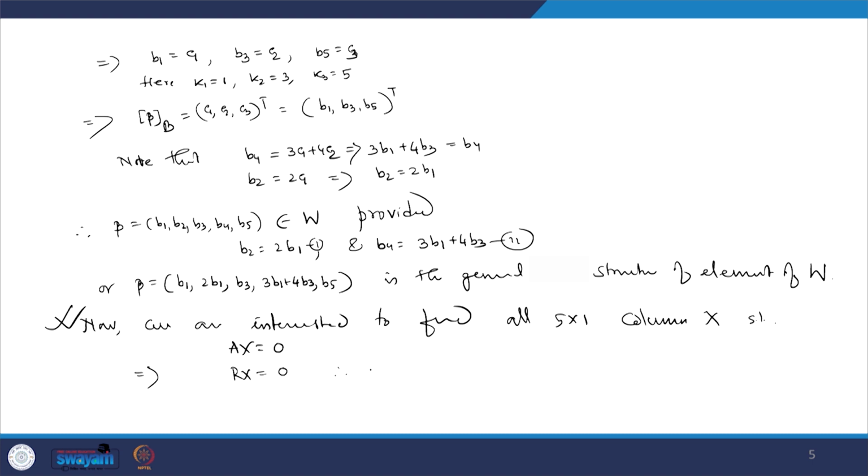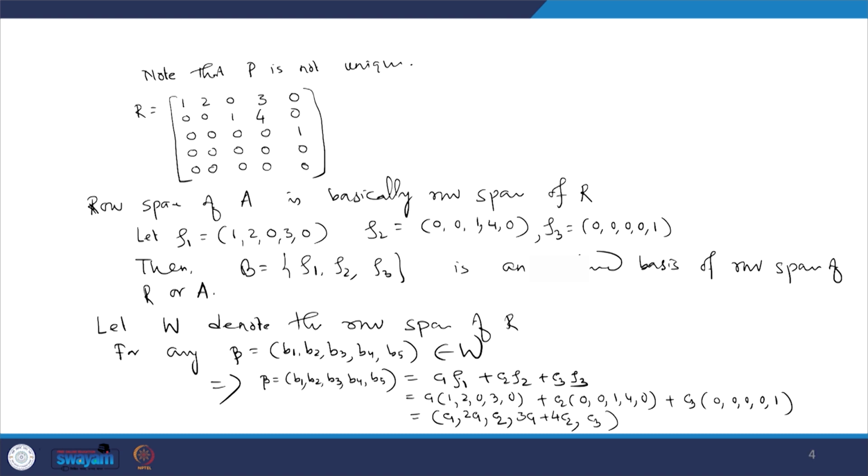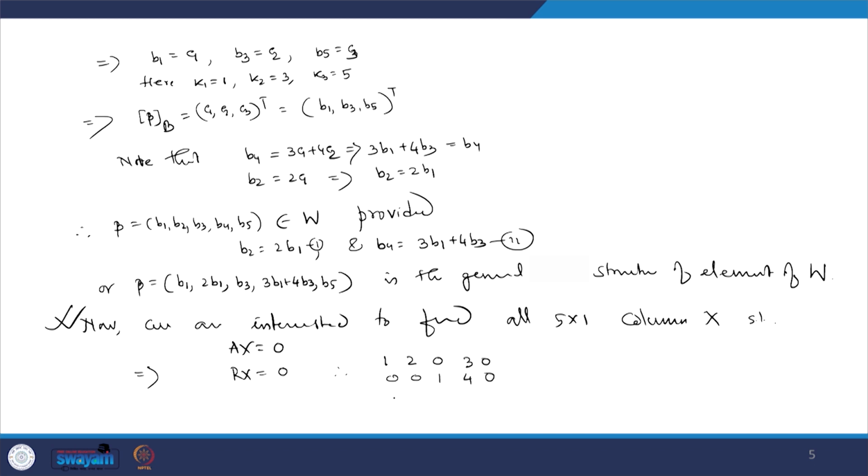So, Rx equal to 0 means we are having the rows 1, 2, 0, 3, 0 and 0, 0, 1, 4, 0 and 0, 0, 0, 0, 1. So, this is my R matrix.